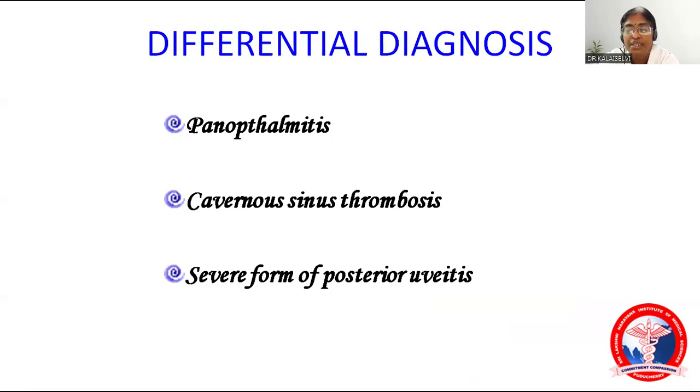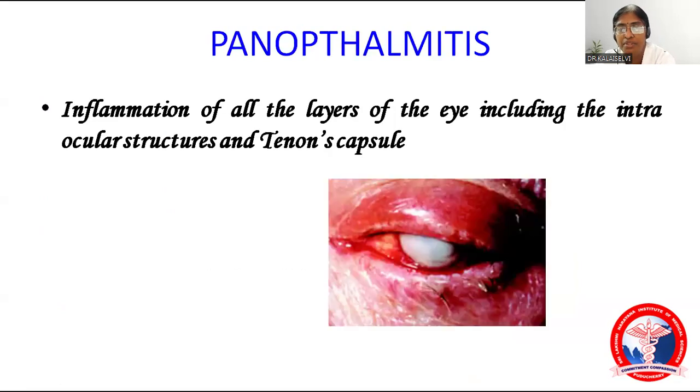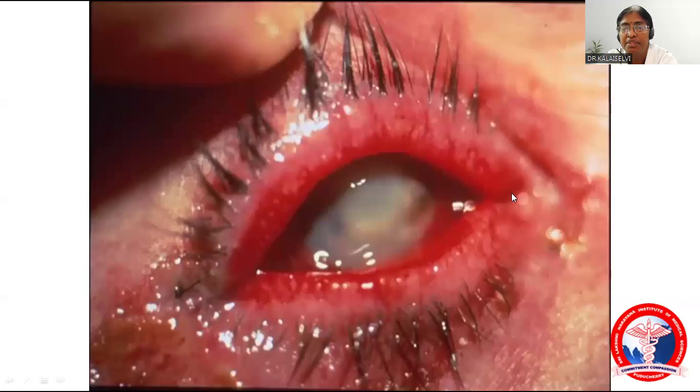Now coming to differential diagnosis: panophthalmitis, cavernous sinus thrombosis, and posterior uveitis. Now coming to the picture of panophthalmitis, it is the inflammation of all the layers of the eye, including the inner structures, outer ocular structures, and the lens structure. So here's a picture, with discharge, restricted movements and proptosis.